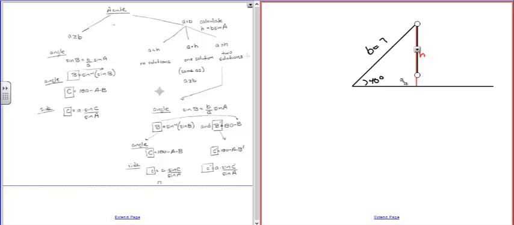So let's just pick a number like 5. So let's say A equals 5. And so what you would do is you'd say, okay, well, A is less than B, so calculate H. H is equal to B times the sine of A. B is 7 times the sine of 40 degrees. So 7 times the sine of 40 is 4.5.